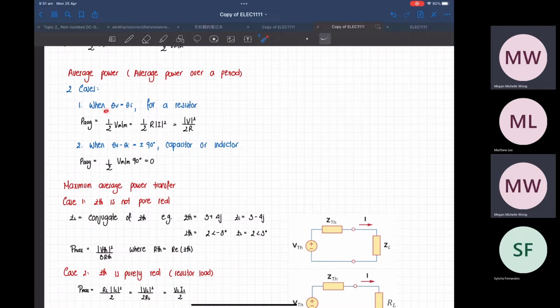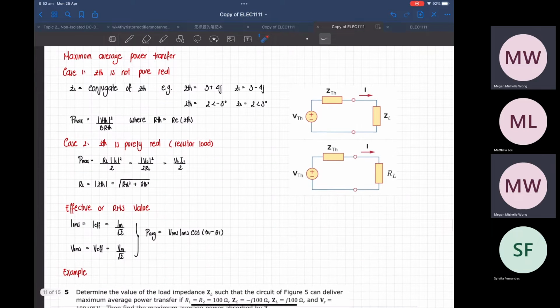When your theta V equals your theta I, which means your voltage and current are in phase, you have a resistor. So your average power would just be the modulus of voltage squared over 2 times R. But when they are shifted by plus or minus 90 degrees, it means you have a capacitor or inductor in your circuit, and the average power for any inductor and capacitor is always 0.